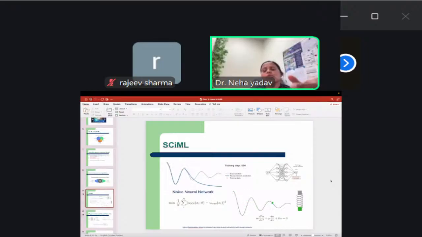To find the best neural network parameters, this is done by minimizing this residual error, which you can see is u_NN(x_i; theta) minus u, where theta is the neural network parameter and u is the exact or experimental value.